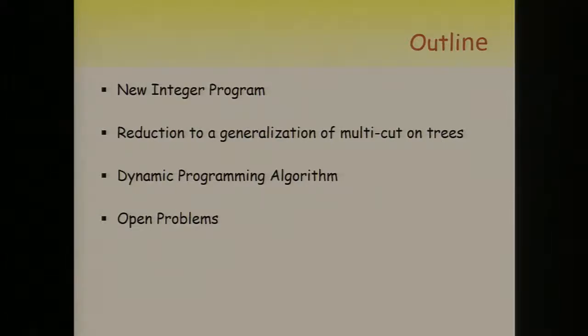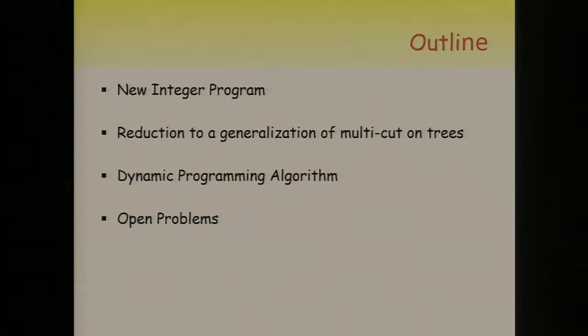And we'll show that you can relate this integer program to a graph theoretic problem on trees. This graph theoretic problem will look like what is called the multi-cut problem. I'll describe what this is. Again, we don't know a constant factor approximation for this problem, but what we will show is that the kind of instances that you get for the multi-cut problem can be handled using dynamic programming. That will eventually give the result.